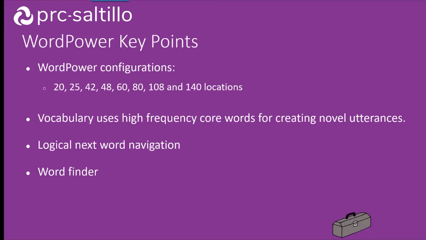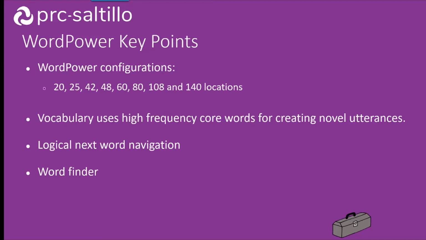Now, one of the things that differs about the word power suite as opposed to Unity, where Heather was mentioning motor plans and a consistency of learning that motor plan and being able to find that button in the same location every time. Word power instead is more of a predictive system.